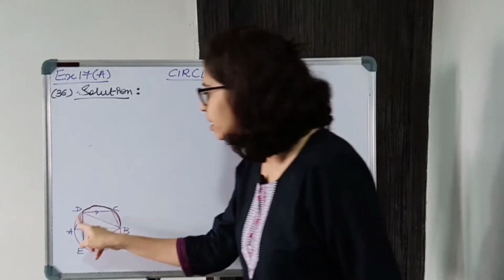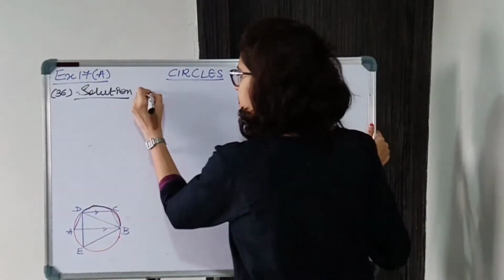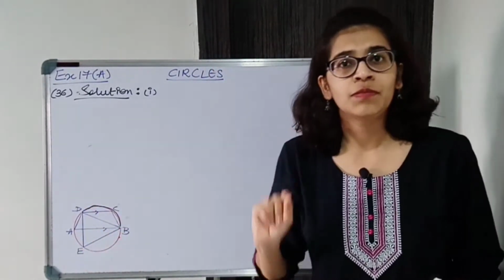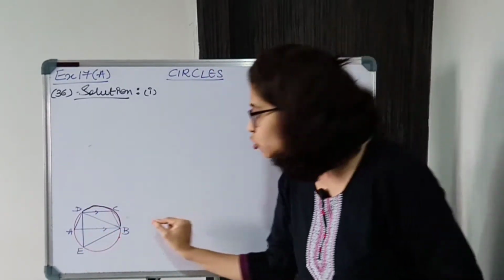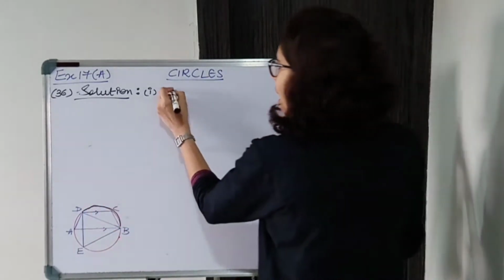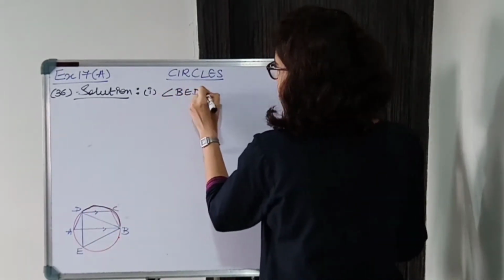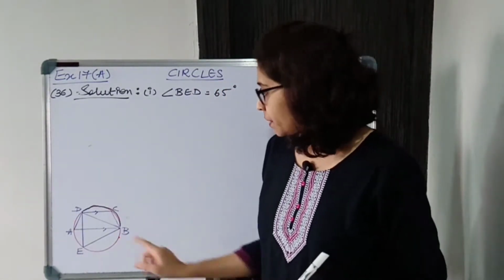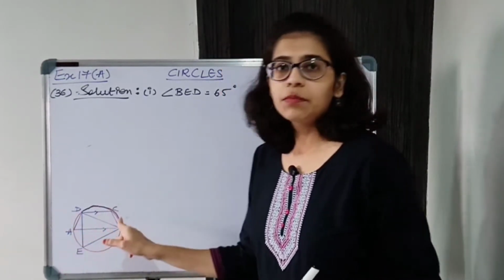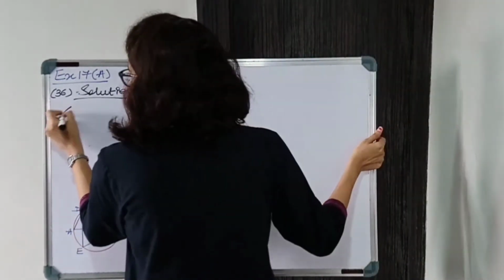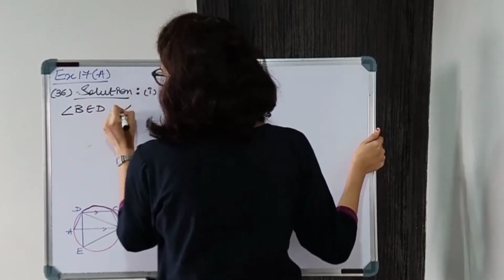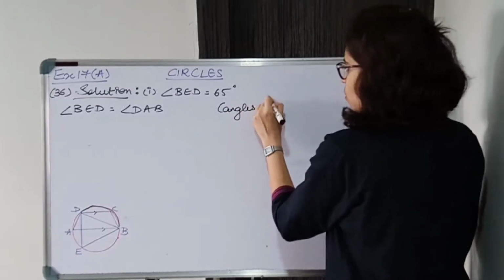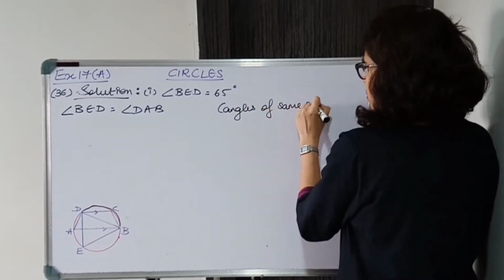Now first find angle DAB. DAB and BED both are the angles of the same segment, so we'll write down the measurement of angle BED first. Angle BED is 65 degrees. This is given to us. You can write down given, okay, for reason. Now BED and DAB, so we'll write down that angle BED is equal to angle DAB, angles of same segment.